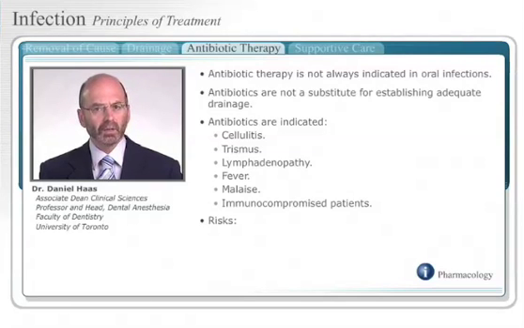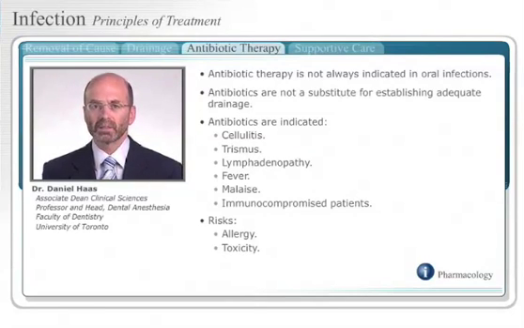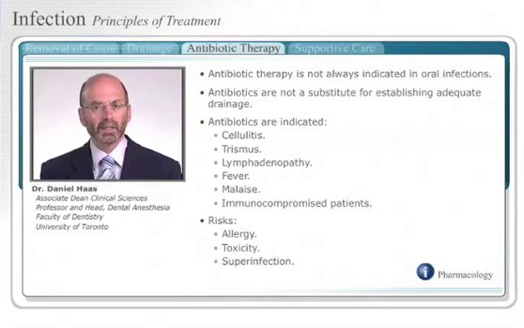The risks associated with antibiotic use include allergy, toxicity, and other side effects that can cause serious or potentially fatal consequences. Superinfection by indigenous flora or resistant microbes could lead to an infection even more difficult to treat.